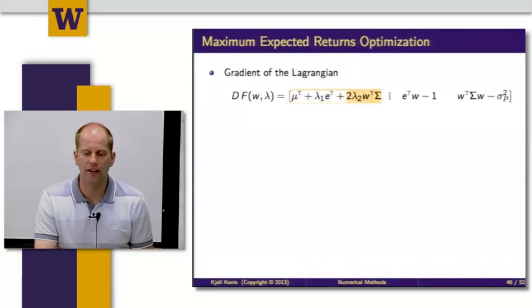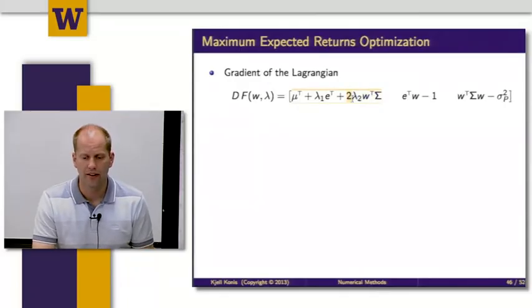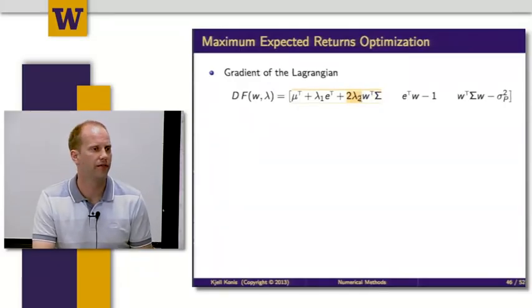Then I just need to make sure that the last thing here is also a row vector with n elements. 2 lambda 2 is a scalar quantity, so I don't have to think about that. Then I have W transpose sigma. W is a column vector with n elements, so if I take its transpose, it's a row vector with n elements, with dimensions 1 by n.